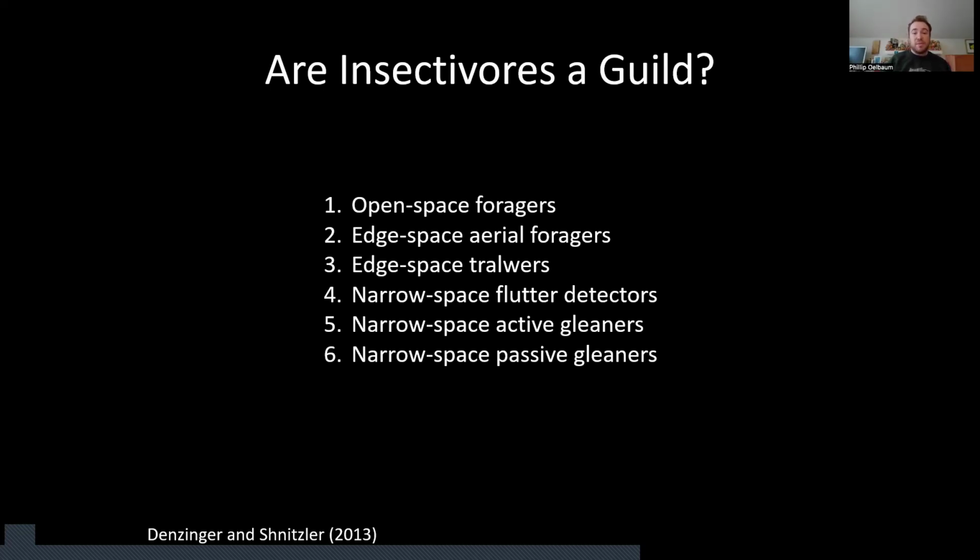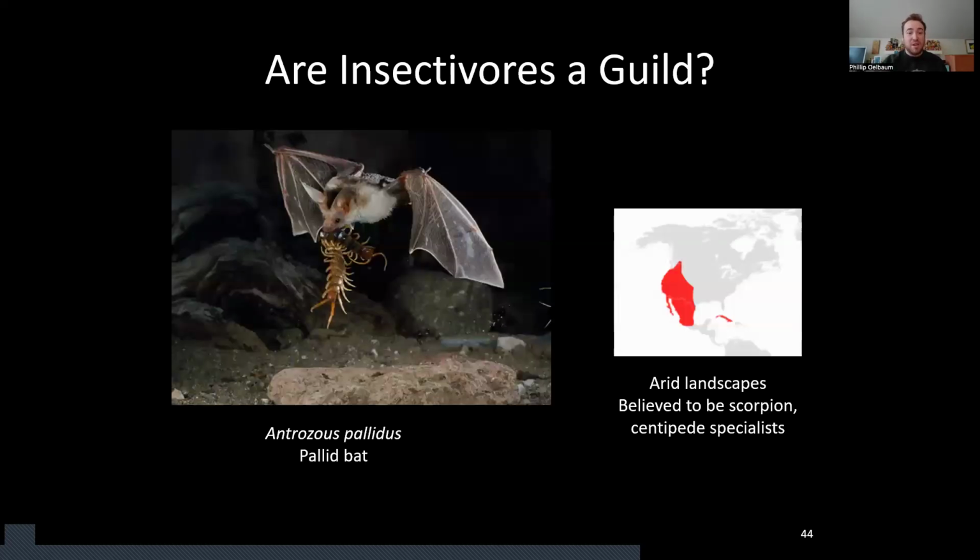Narrow space flutter detectors, narrow space active gleaners, and narrow space passive gleaners. They also suggested a seventh category here that encompasses fruit and nectar feeding bats as well, but I'll get into why that's kind of problematic later on.